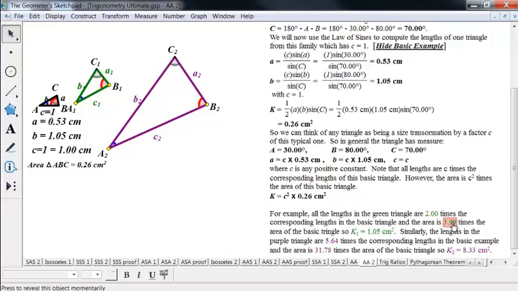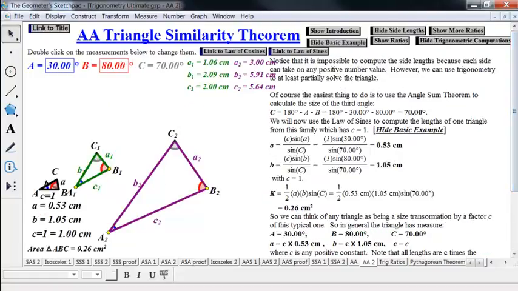And the area is supposed to be 4 times as big. It says 3.99, so I'm not exactly on twice as big there. The area is 4 times the area of the basic triangle.